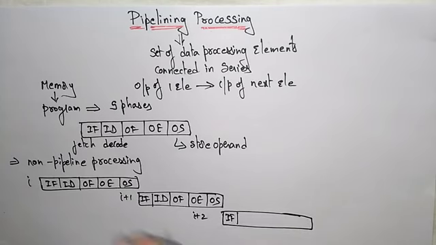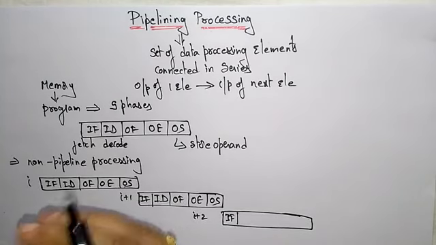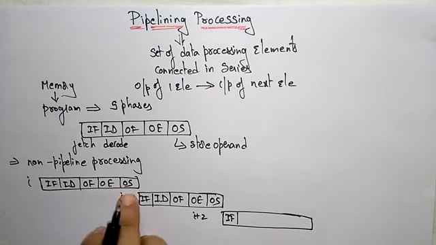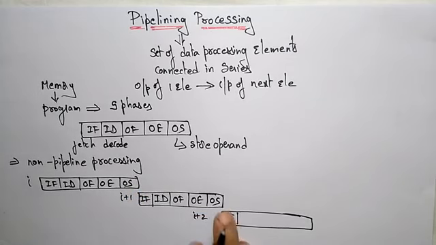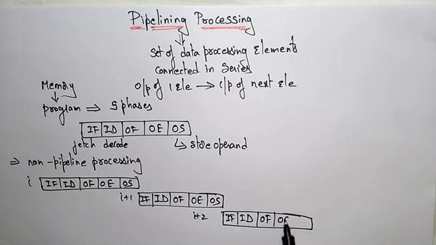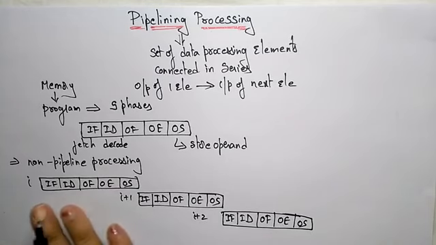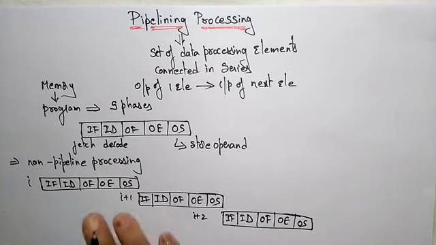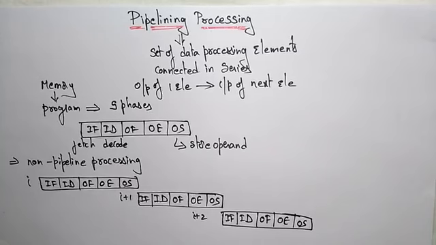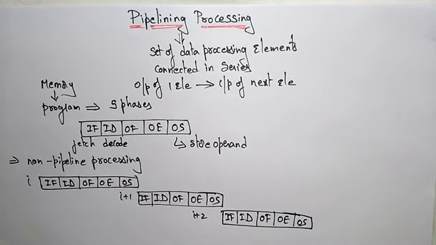Likewise it takes each instruction from the program and executes one by one. After the completion of one instruction, it takes the next. This is the non-pipelining process. Here the wastage of time is more, because only after the completion of one instruction can you go to another. Now let us see the pipelining process.